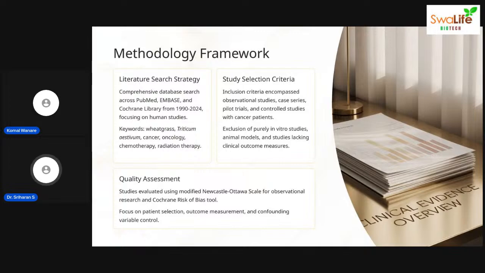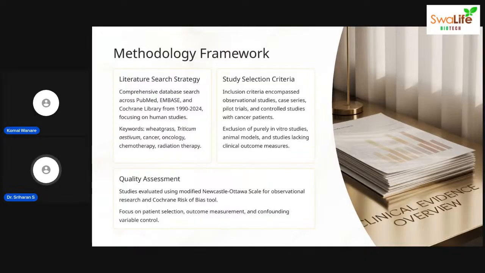Another thing is study selection criteria. This is very important. Your inclusion of studies is most important. For nutraceutical studies, as you all know, they are mostly observational studies, case series studies, pilot studies. Likewise, there are limited controlled studies. You include those, and you also exclude in vitro studies and animal model studies.